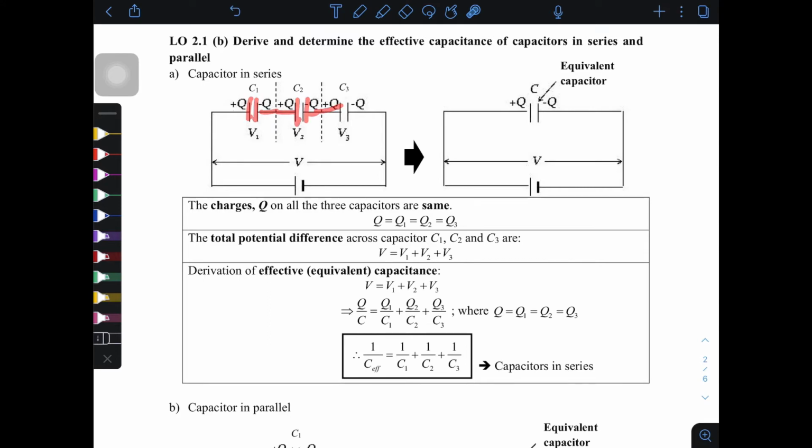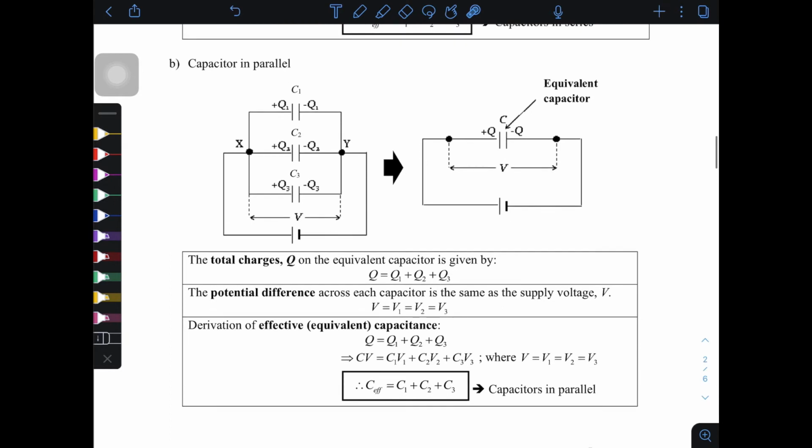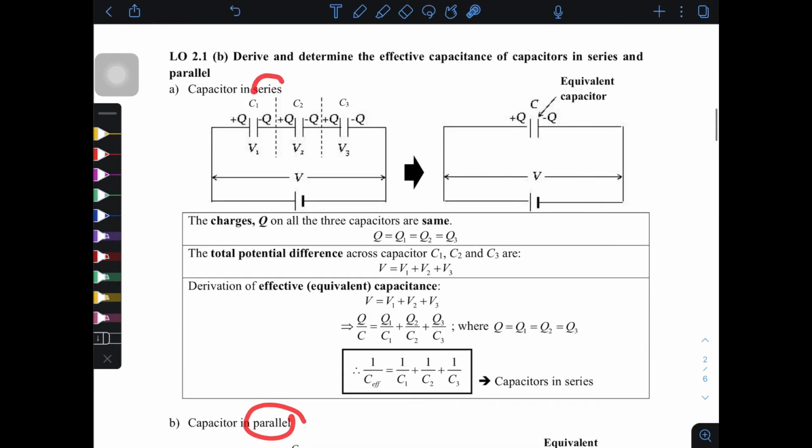Sebelah sahaja. C2 sebelah kaki bertemu dengan C3. Meanwhile, kalau kamu nak tahu dia ialah parallel, C1 punya kaki dua-dua bertemu dengan C2. Dua-dua kaki C2 bertemu dengan C3. So both leg meet to the same capacitance. But if it is in series, sebelah kaki dia je yang bertemu. Alright, that's how I differentiate between series and parallel.